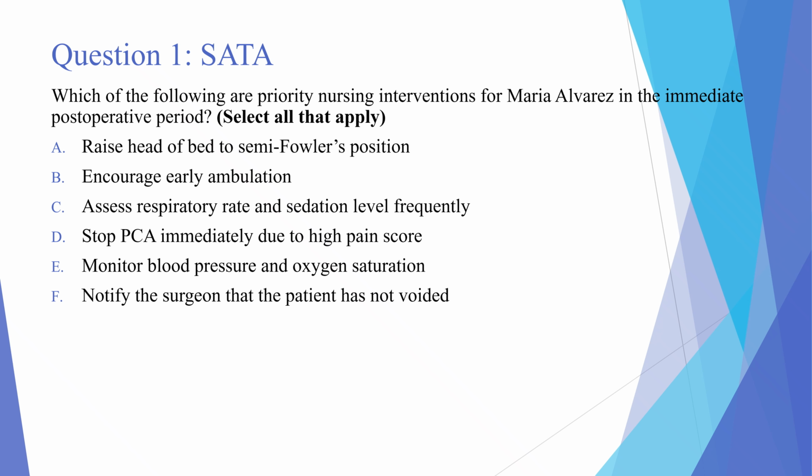So nursing interventions for our patient in the immediate postoperative period: raise the head of the bed to semi-Fowler's position, encourage early ambulation, assess respiratory rate and sedation level frequently, stop PCA immediately due to high pain score, monitor blood pressure and oxygen saturation, notify the surgeon that the patient has not voided.